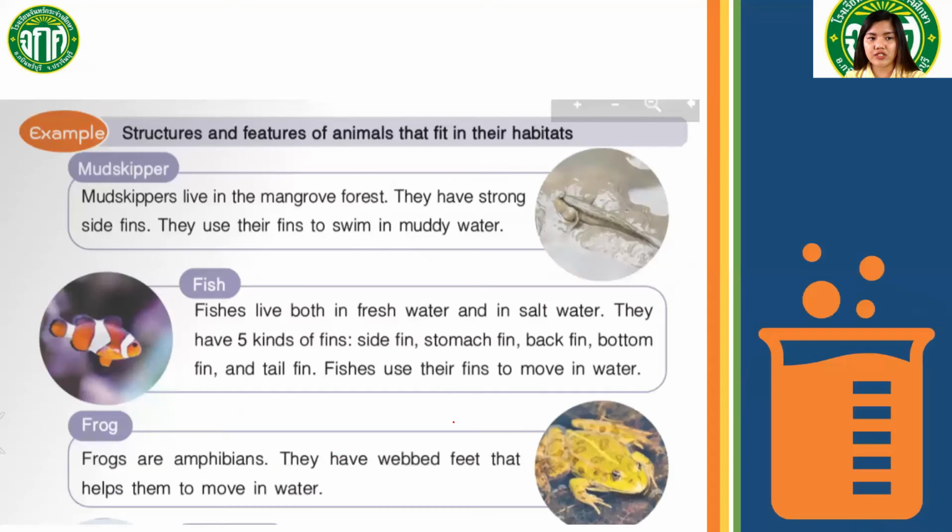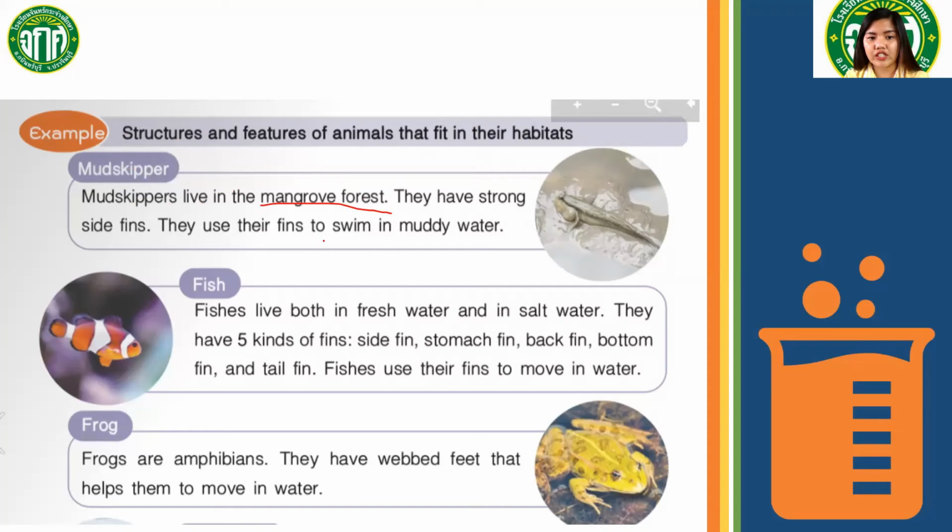So let's move on to the next. Okay, let's move on to animals: structures and features of animals that fit in their habitats. First, we have a mud skipper. Mud skippers live in the mangrove forest. They have strong side fins.